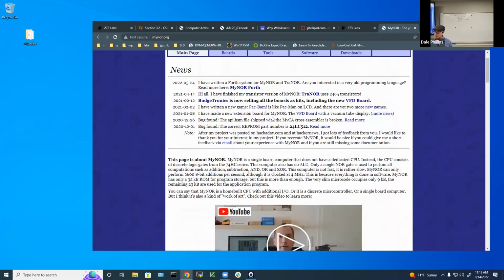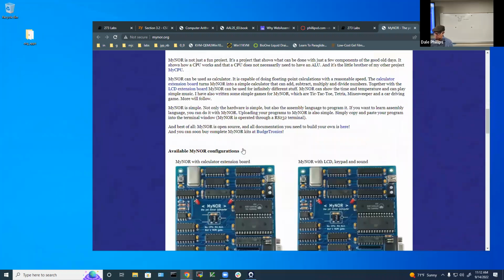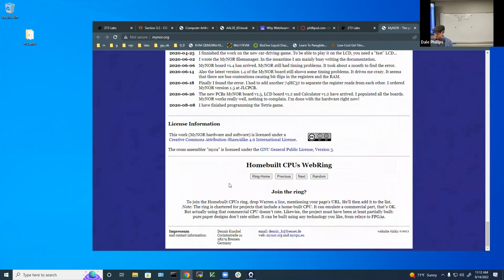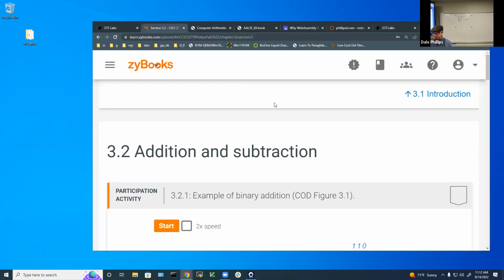But if you really want to learn the low level and you have a computer engineering slant, go play, go read, go explore, because there's a whole web ring of people that are designing CPUs in their garage with home-built PCs, and that requires binary understanding. Okay. All right. So to start with, let's assume everybody has done the quiz.